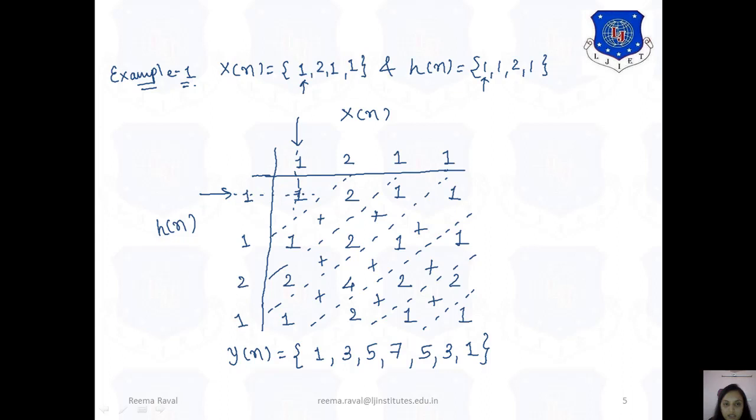So here the intersection is at this position. So here the value 1 will indicate y of 0, right? So this is the answer of y of n using the tabulation method.